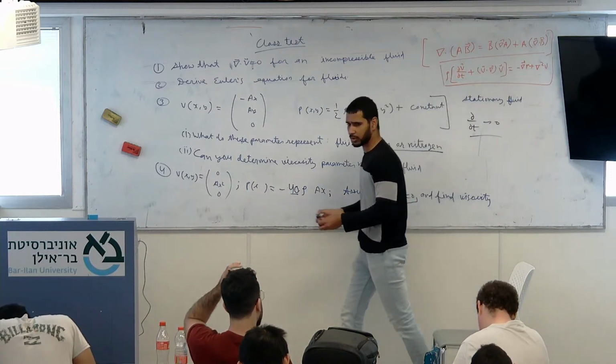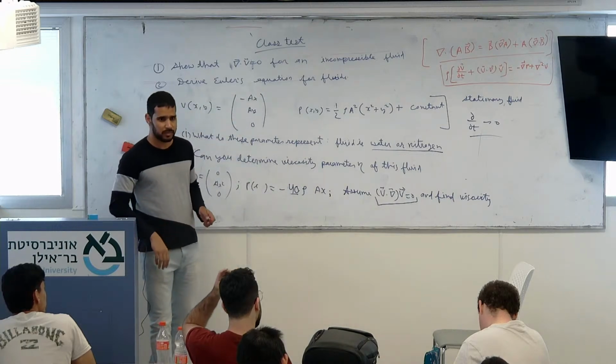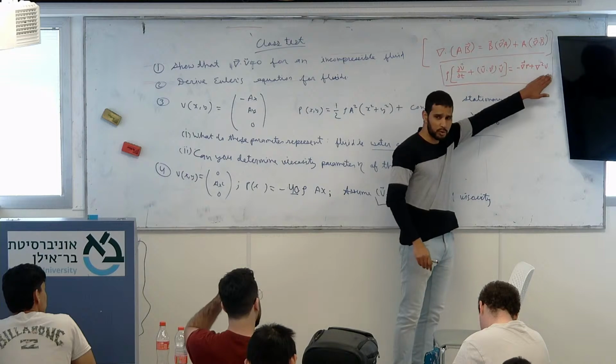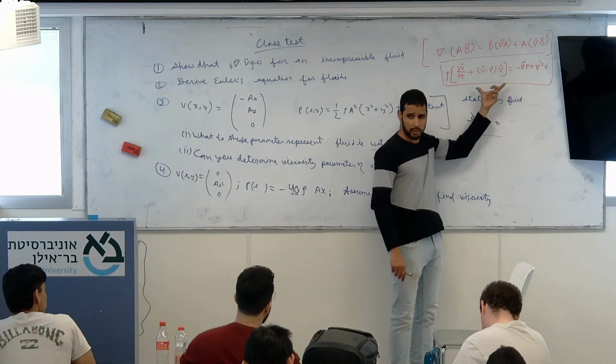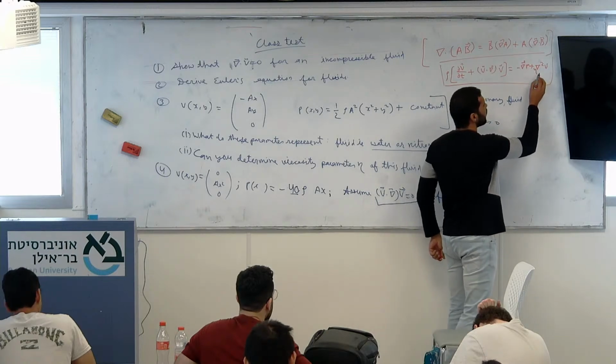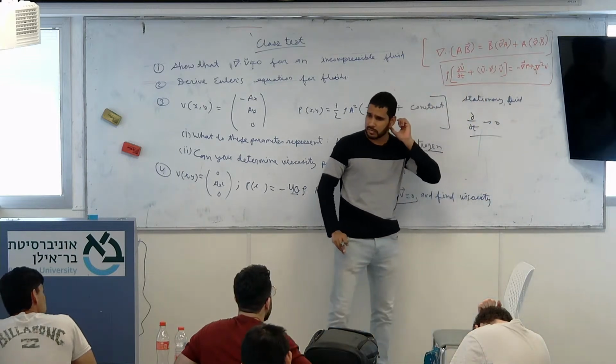Okay, this is the Navier-Stokes equation. Use this. If you ignore the last term, it is the Euler equation for incompressible fluids.